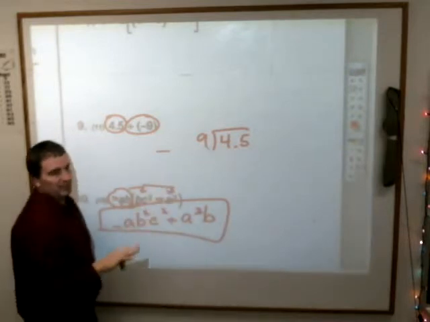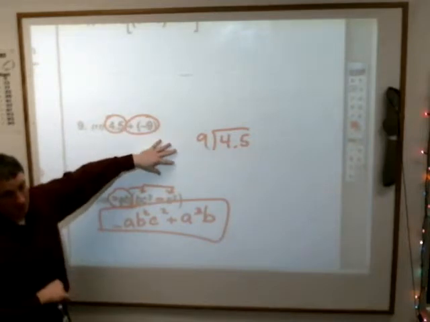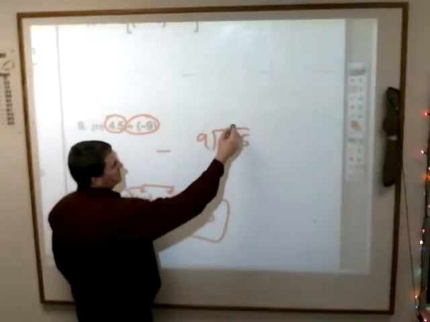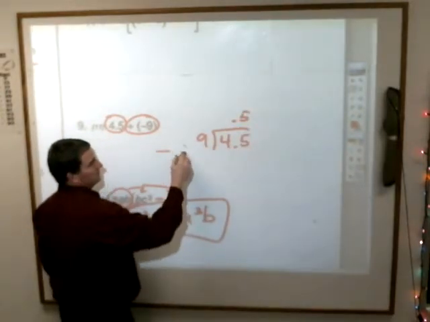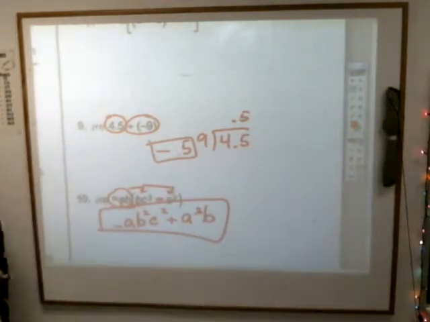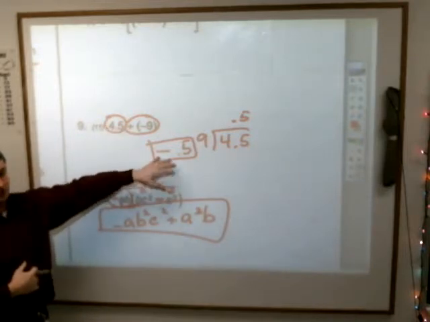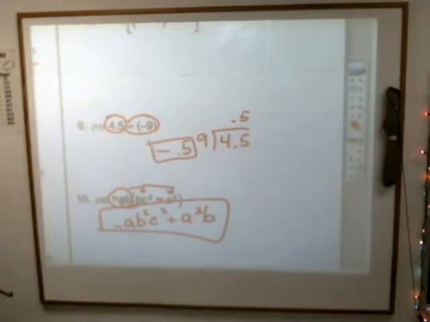You don't have to worry about the negatives, because I already know my answer is going to be negative. Once you know your answer, the negatives don't come into play in the problem anymore. It's just 9 goes into that 0.5 times. It is divided by a negative 9, but I used that negative when I said, if my division problem has just one negative, my answer is going to be negative, I just do the division.